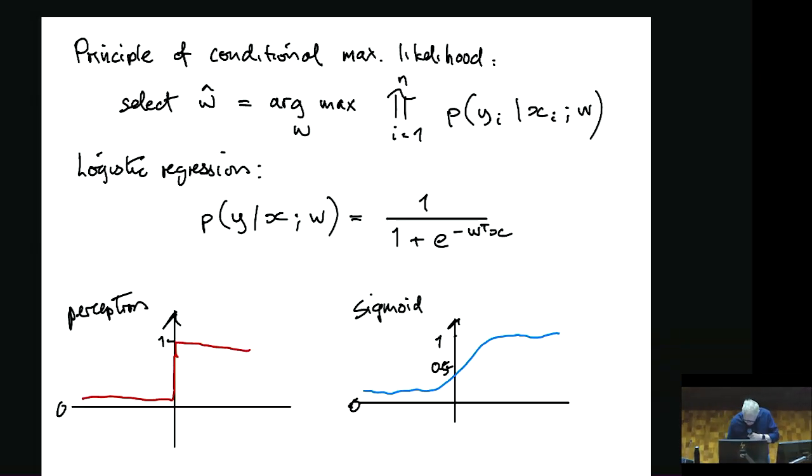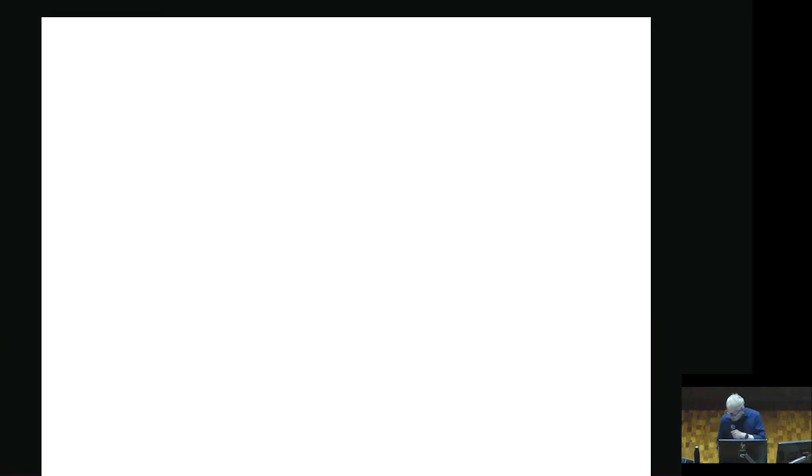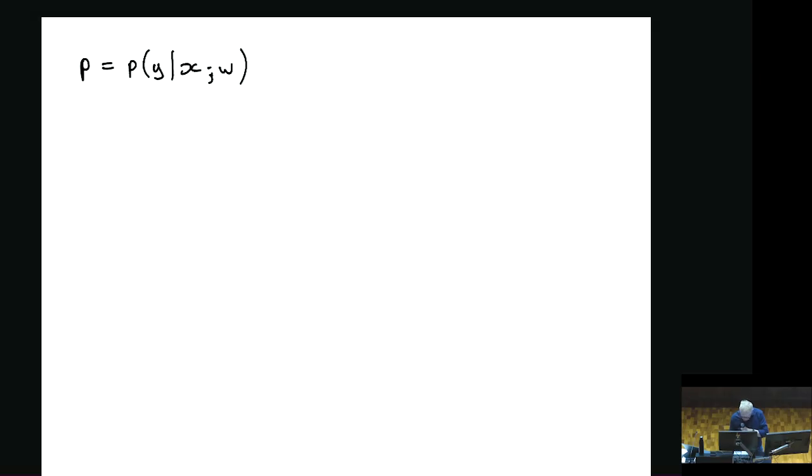All right, now let's do some setup. We'll let P be this expression, just shorthand, because it's going to get complicated: P is the probability of y given x, parameterized by w. We're going to say that that is the function, predicting positive, 1 over 1 plus e to the minus w transpose x.